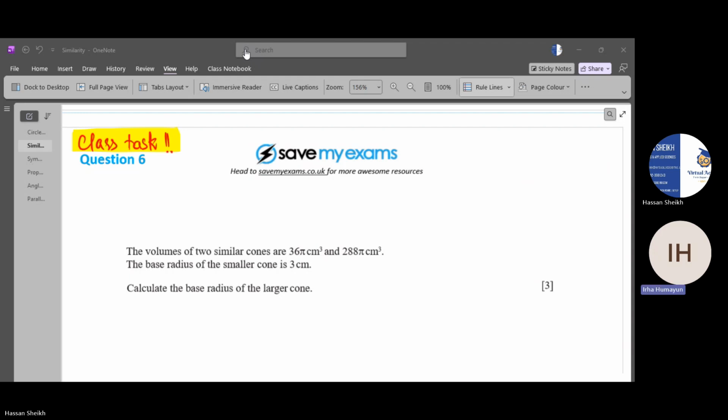Sir, is the answer 6? Okay, let me check. So it's V1 over V2 equals to L1 over L2 whole cube. Smaller cone base is 3. You need to find the base of the larger cone.